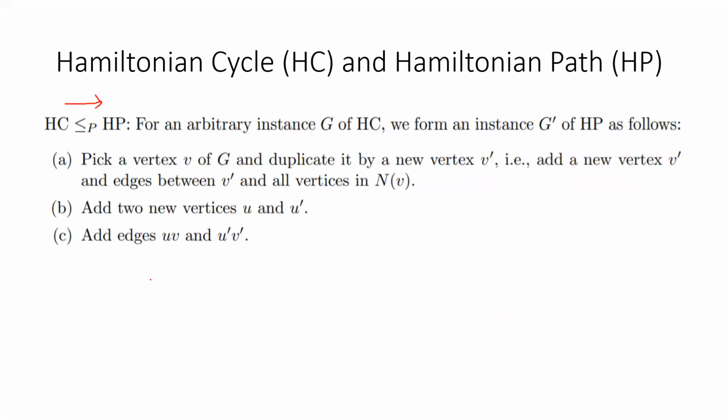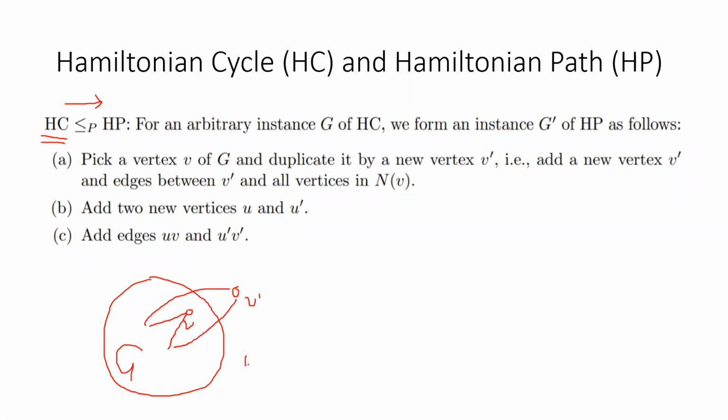So suppose you have a graph G and you want to know whether it has a Hamiltonian cycle or not. So this is an HC problem, and we want to reduce this problem to an HP problem. Then we can randomly pick a vertex V inside G, and we duplicate this vertex and create a vertex V prime. And because this is a duplicate vertex, we will connect V prime to all the neighbors of V. So we will connect this, also this.